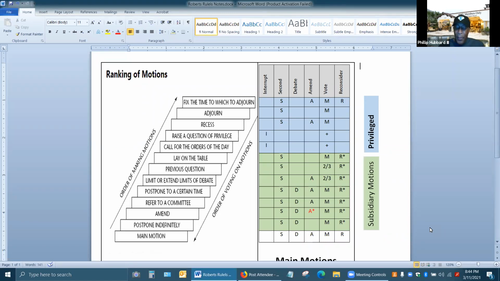The next thing that we would have when it comes to making an amendment is a strike out and insert. So if we had the motion to give our secretary a $5,000 stipend a month, then this person might say, well, I want to amend the motion and I want to strike out the $5,000 and insert $1, and now I struck out and I've inserted.